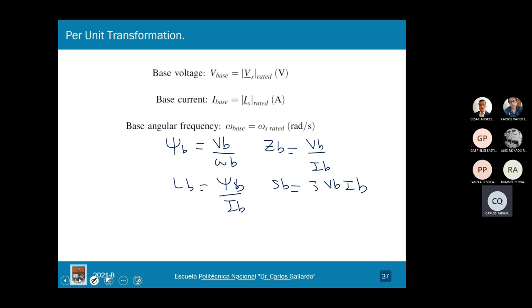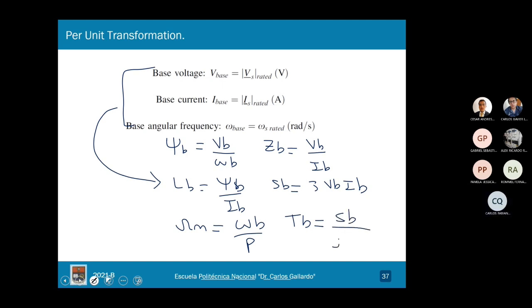As a function of these three quantities, it's possible to derive the rest of the values. The base speed is equal to the base angular frequency over the number of poles. The base torque is equal to the base complex power over the base speed.